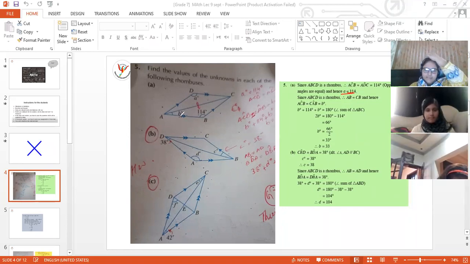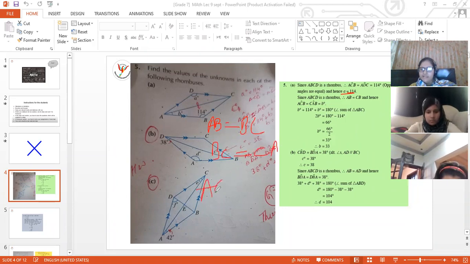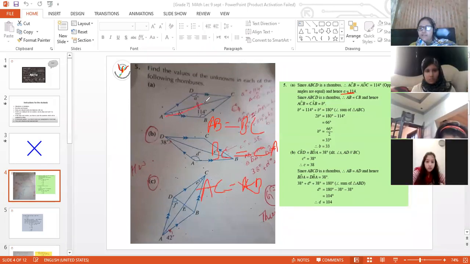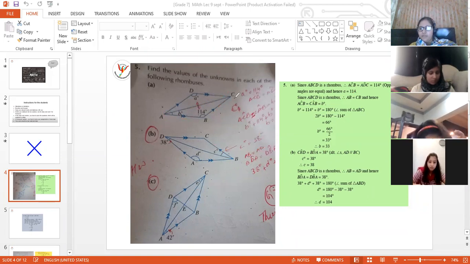Now if you can see, in a rhombus all the four sides are equal, right? AB is equal to BC, and BC is equal to CA, or I can say AC is also equal to AB. It means that in this triangle ABC, the half part of the rhombus, all the sides will be equal.